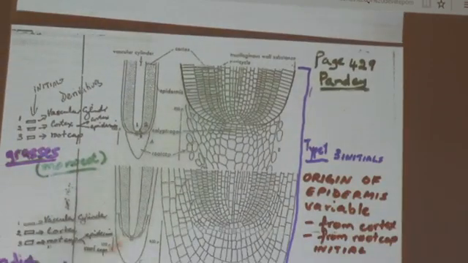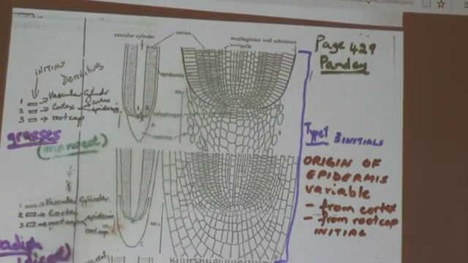Okay, now this is explaining something in the root. We have said phylogeny or evolution can be explained with the Tunica corpus theory. Please note the Tunica corpus theory applies only in the shoot apical meristem. In the root apical meristem, we have other theories, but I'll present to you this one.